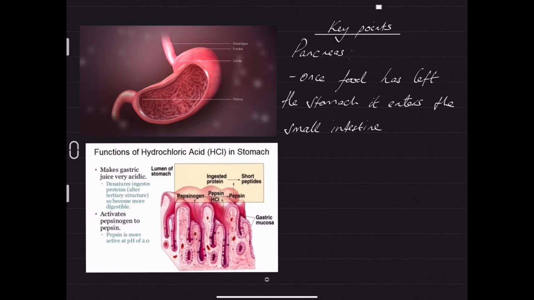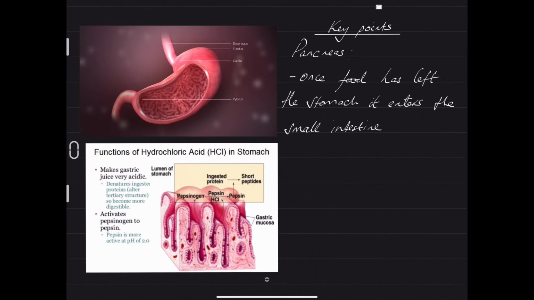This is slightly different from the stomach, where protease enzymes were made in the stomach and protein was being digested in the stomach. Here, the pancreas is needed to secrete enzymes that are going to be needed for digestion in the small intestine. The small intestine also secretes some enzymes, but for your exam you will need to understand that the pancreas is vital because it is secreting enzymes that are going to be needed in the small intestine for digestion.